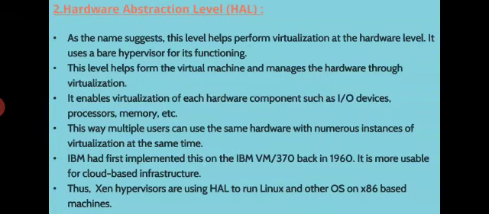Hardware level virtualization is performed right on top of the bare hardware. This approach generates a virtual hardware environment for a virtual machine, and the process manages the underlying hardware through the virtualization concept.